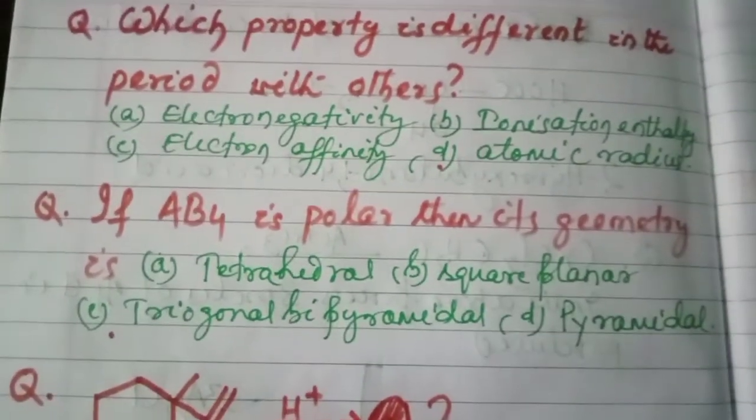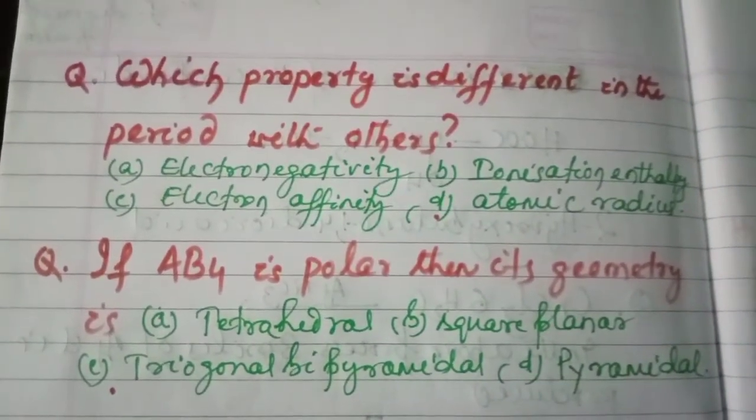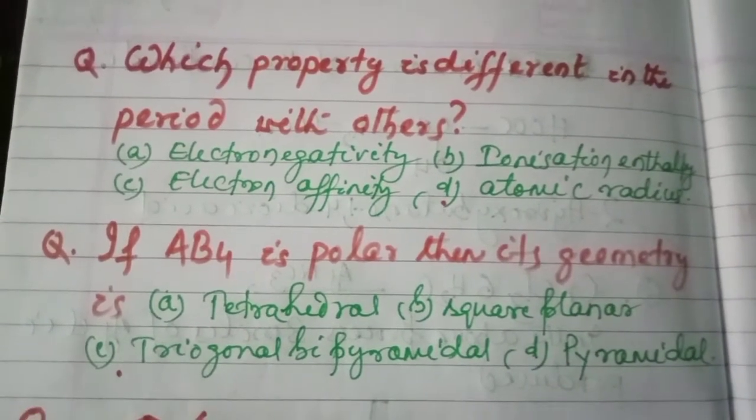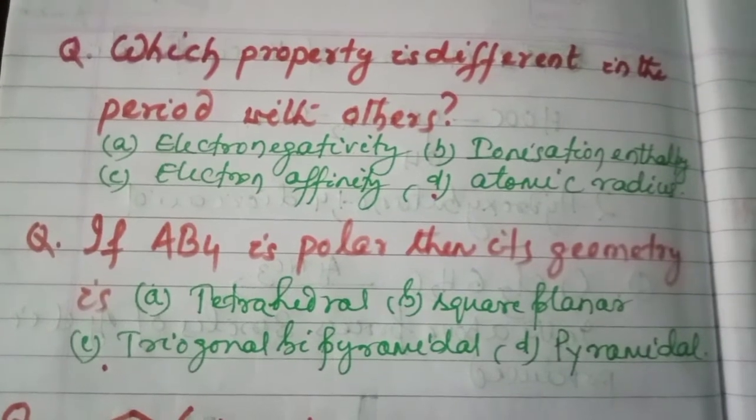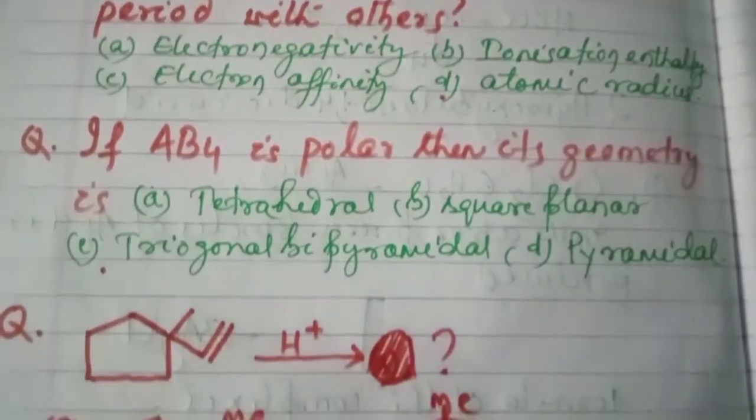Next question, if AB4 is polar, then its geometry is tetrahedral, square planar, trigonal bipyramidal, or pyramidal. That is trigonal bipyramidal.